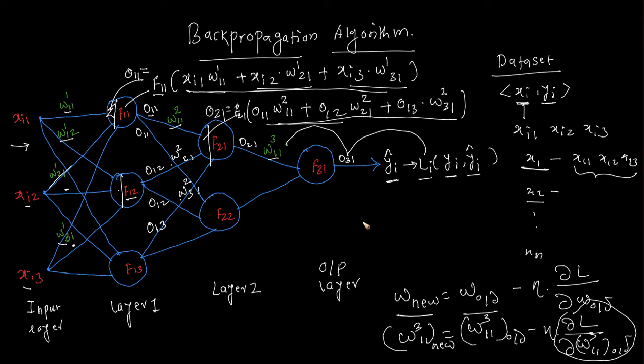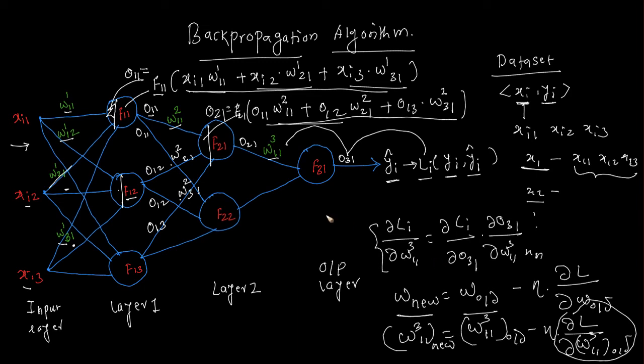So in short, the derivative of loss with respect to W311 is equal to the derivative of loss with respect to O31 times the derivative of O31 with respect to W311. So this is chain rule, right? We rely heavily on chain rule and memoization.